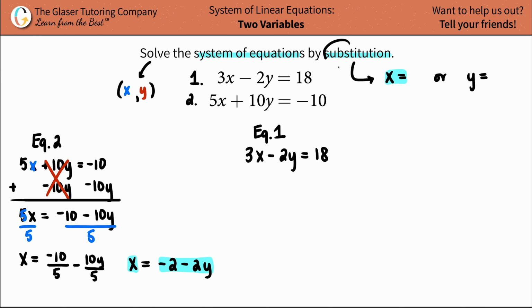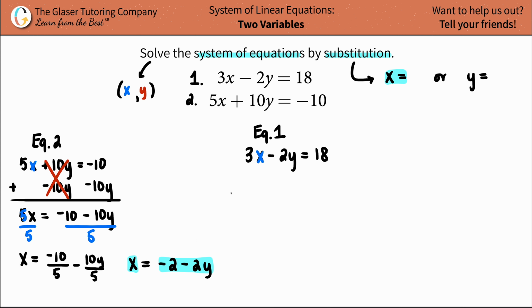And here comes the substitution part. Whatever you solved for, x, go find it. In this case, here it is. I'm going to take the x value and remove it. You're substituting. It's kind of like a substitute teacher. You're taking this out and putting in this. Now keep in mind the 3 is times by the whole value.